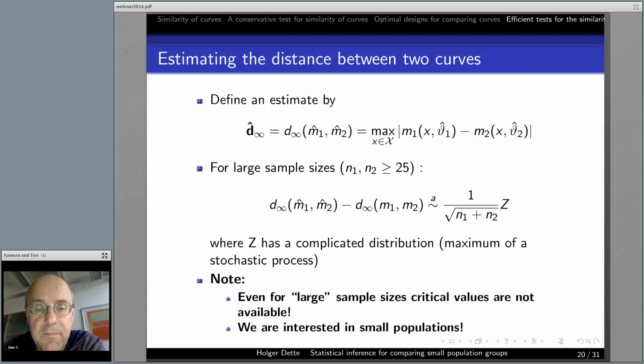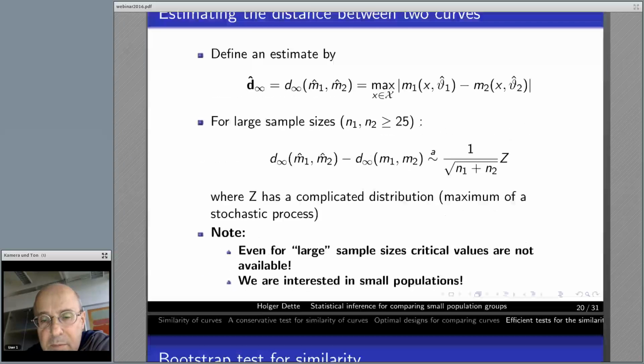So even with large sample sizes, the critical values are not readily available because this is a complicated expression. We can work it out, and we need it later, at least when we construct an alternative procedure. But in our project, we are not interested in large sample sizes. We are especially interested in small populations, and that's why we cannot use this result anyway.